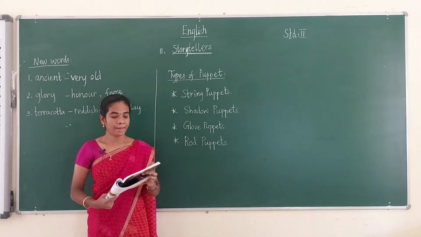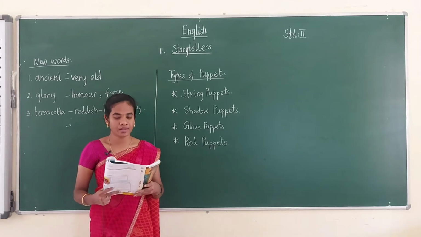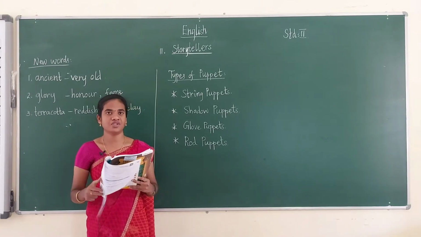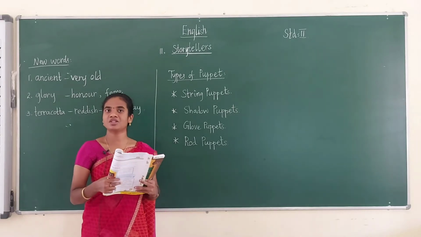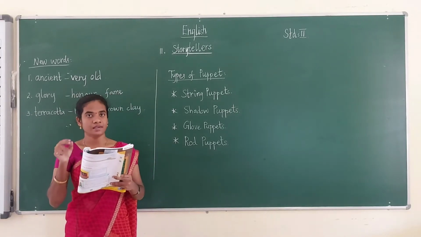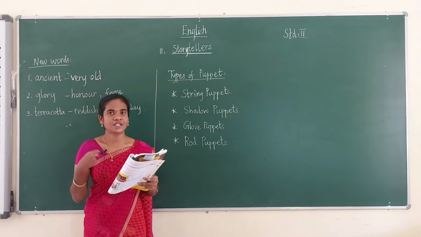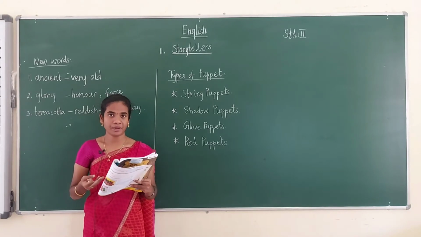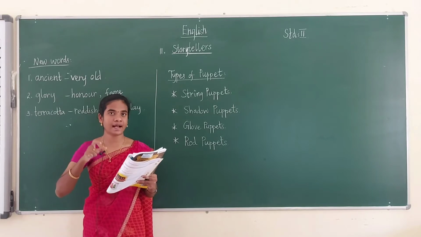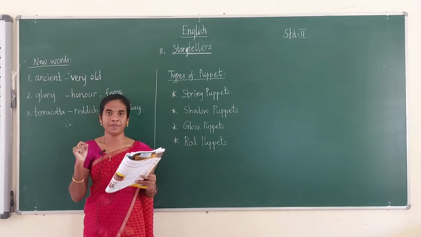The puppets are used to tell the story of a particular region. The stories may be about kings, queens, brave people, or the tradition and culture of a group of people.